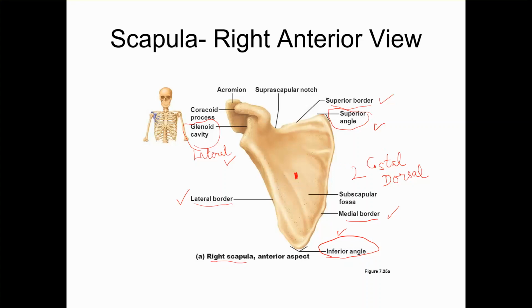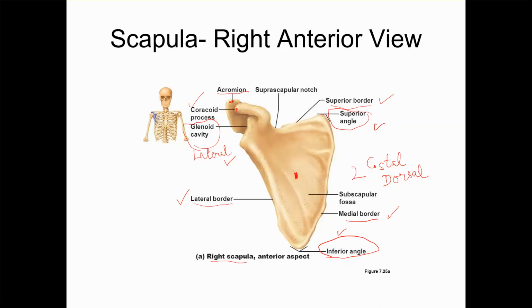It is the Coracoid process. You can see here, this is the Coracoid process. Then this is called the Acromion process, and the Spinous process, which is not seen in this view. We can see it in the next view. So there are 3 processes: Coracoid process, Acromion process, and Spinous process.